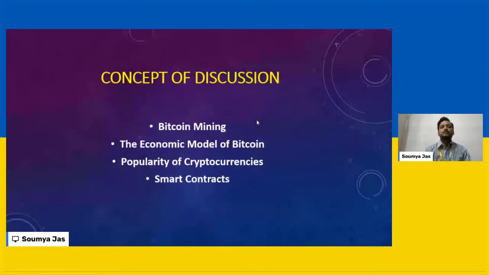The topics we will cover are Bitcoin mining, how it actually happens, who the Bitcoin miners are, how they mine Bitcoins and earn money from it, the economic model of Bitcoin, and why cryptocurrencies are so popular nowadays. Another topic is smart contracts: what smart contract networks are and everything about them.